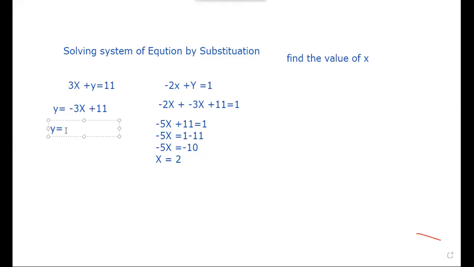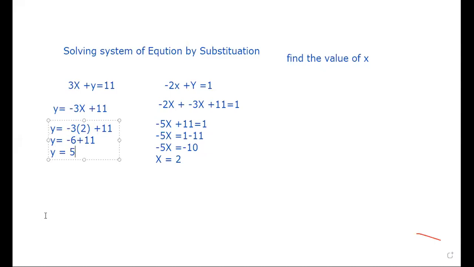Yes, Kenzie, go on. No, just a second. It will be negative 3 multiplied by 2. You will replace the value of x here, ya Kenzie, plus 11, right? Then it will be y equal negative 6 plus 11. So the answer, it will be y equal 5.